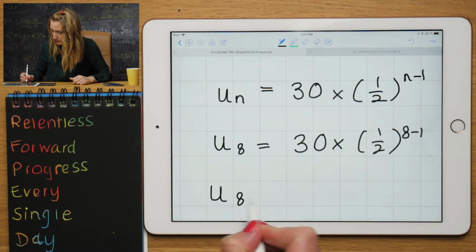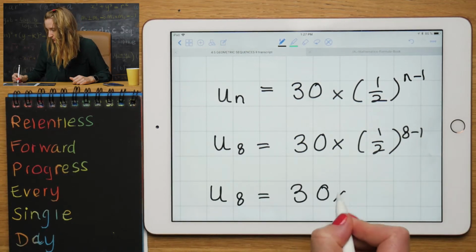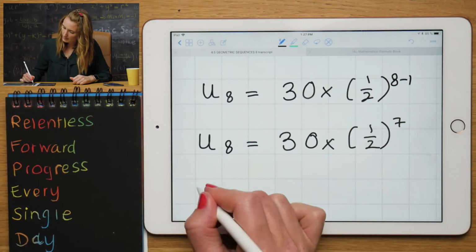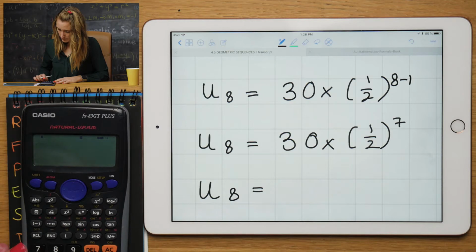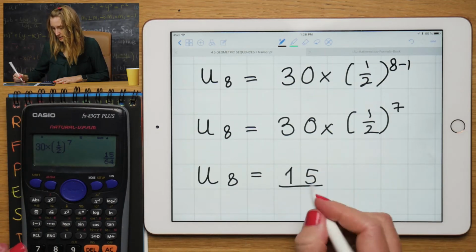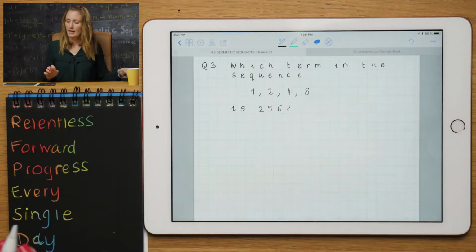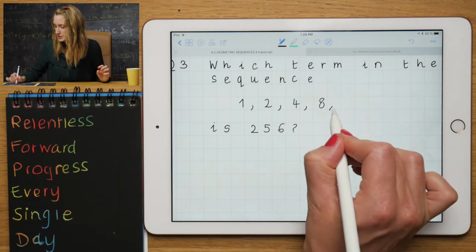Before I move to type this into my calculator, I'm going to simplify down. 15 over 64.